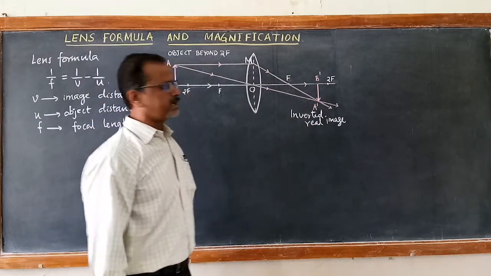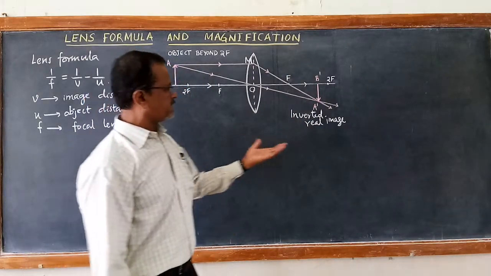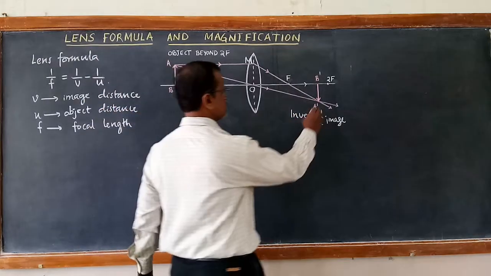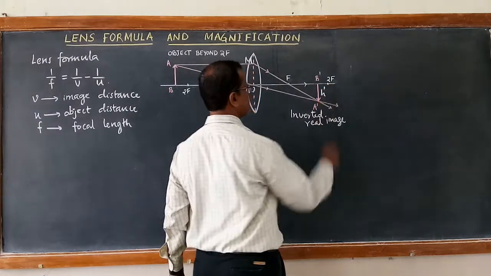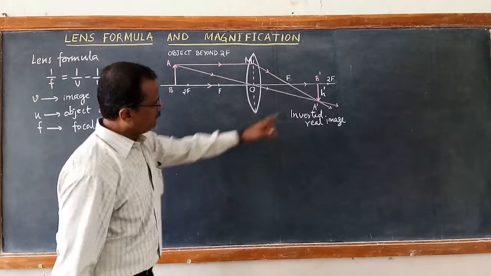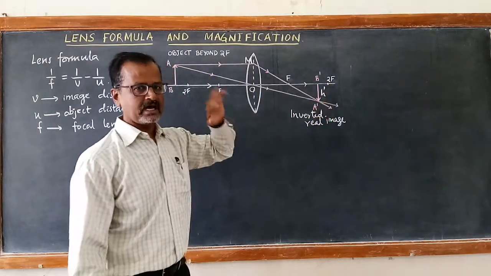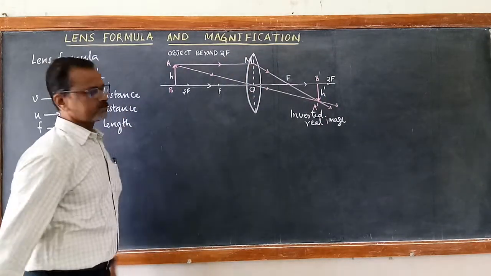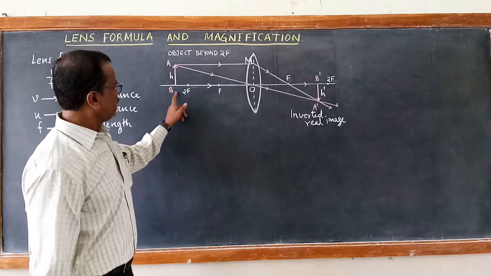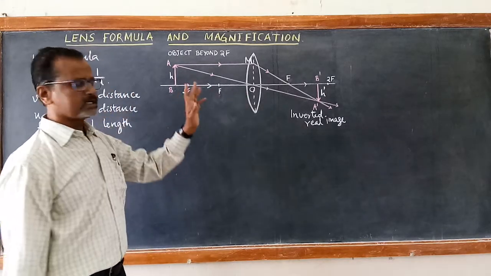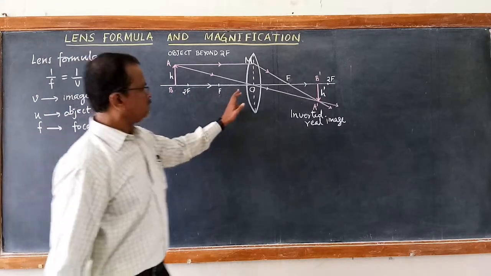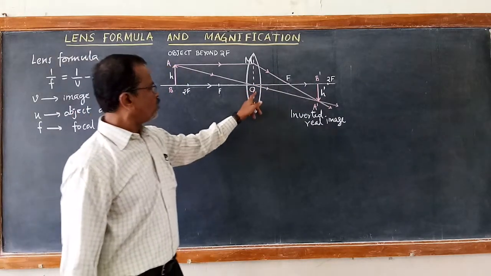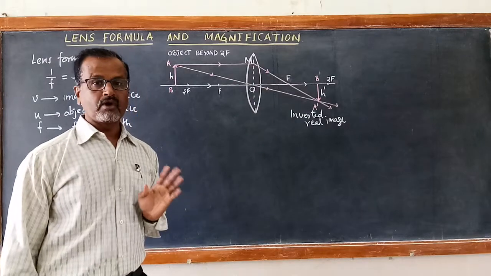And you see it is an inverted real image because it can be obtained on the screen. Therefore it is a real image. Let us take the height of the image as h dash, and the height of the object as h. BO becomes the object distance, OB dash becomes the image distance, and OF becomes the focal length.